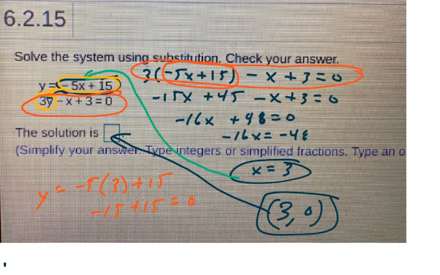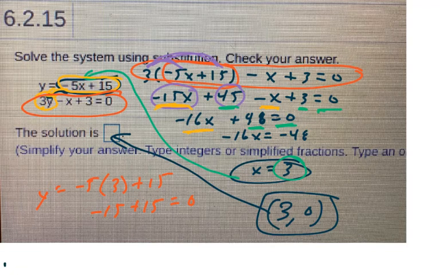So that meant I had to do my distributive property here. 3 times negative 5 is negative 15x. 3 times 15 is 45. Now I had to combine like terms, so negative 15x and negative x is negative 16x. 45 plus 3 is 48, equal to 0. And then all I did was solve and get 3.